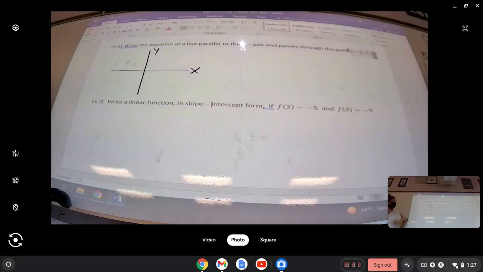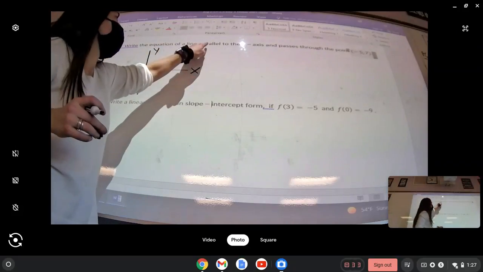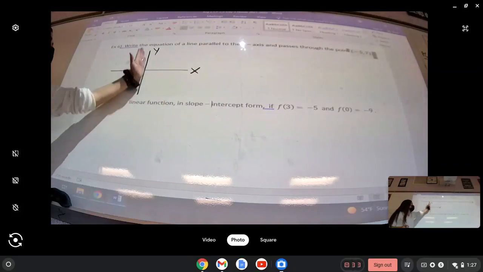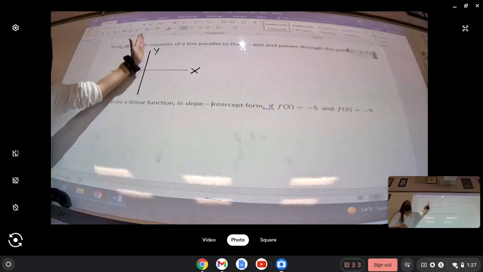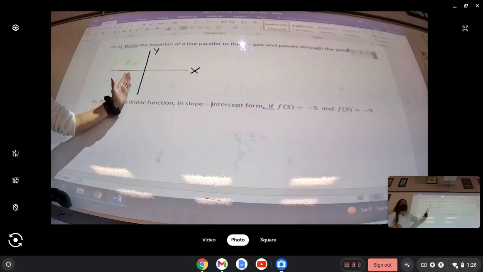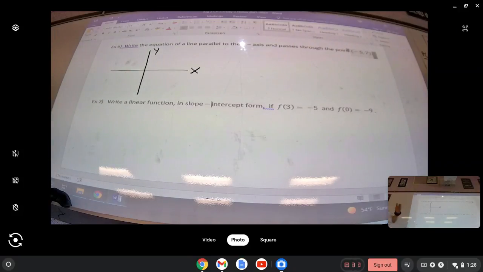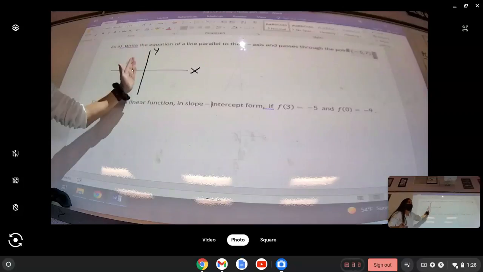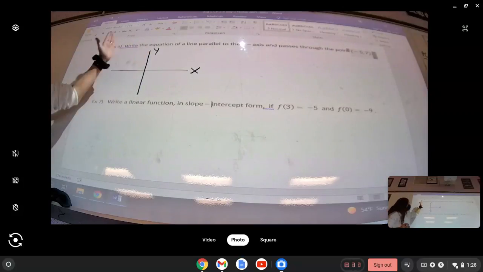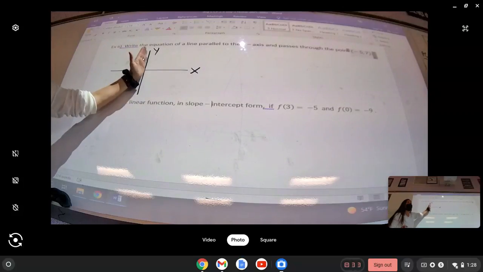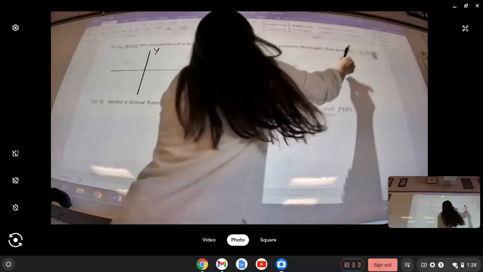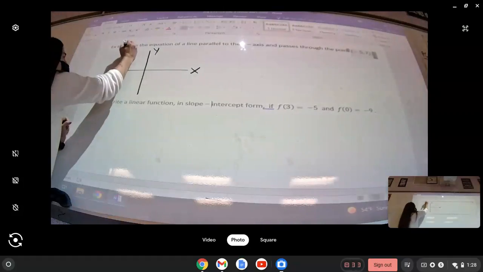We have to write the equation of a line that is parallel to the y-axis. Guys, the y-axis is what kind of line? A vertical line. So if our line has to be parallel to this, what kind of line does it also have to be? A vertical line. Only a vertical line is parallel to a vertical line. So we know our line is also vertical, and it passes through the point -5, 7.